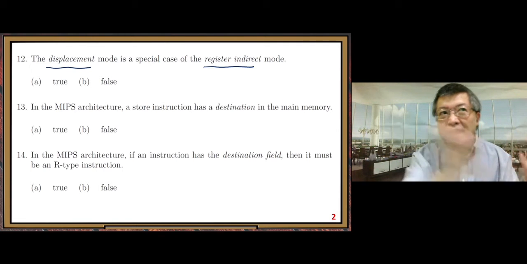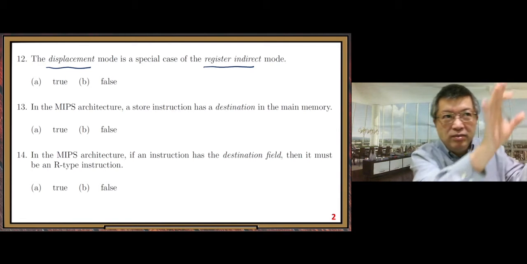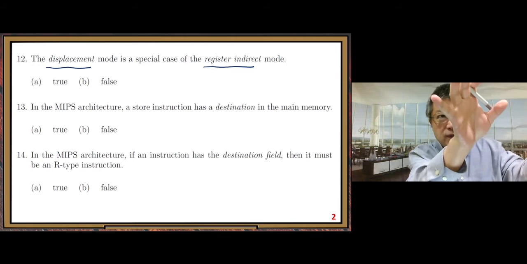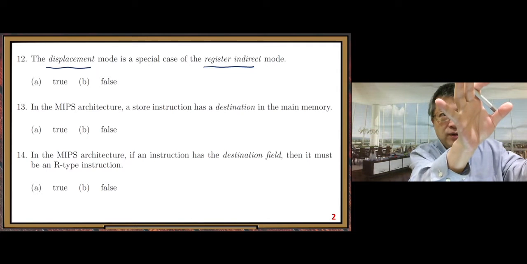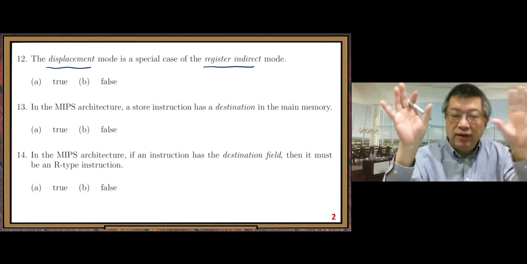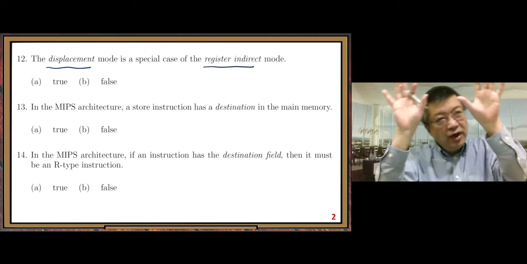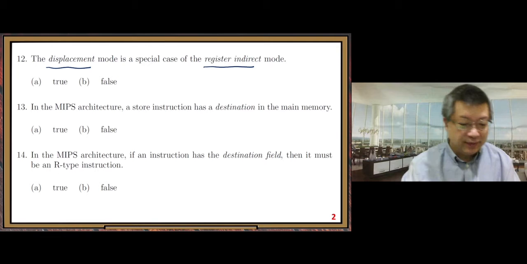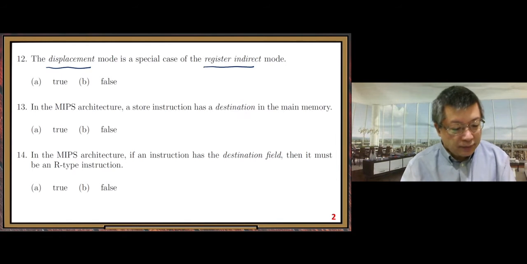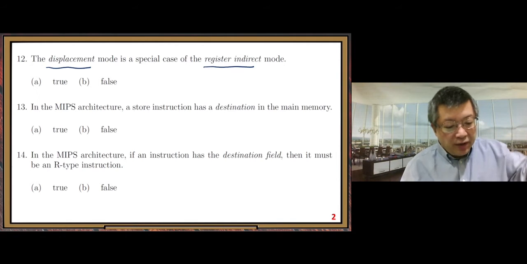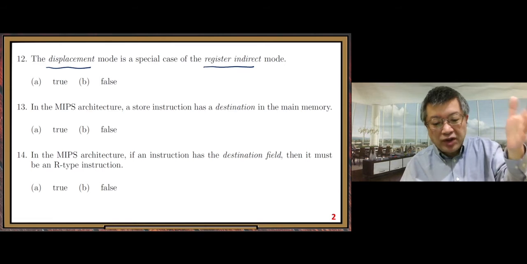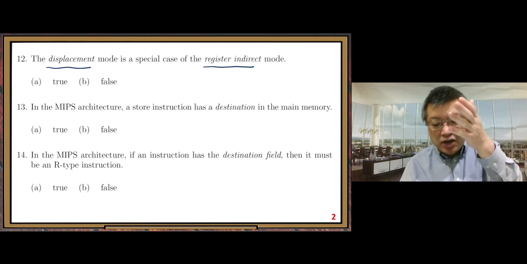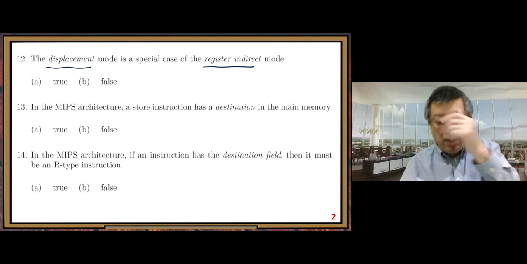You need to get a displacement mode example first, then a register indirect example second, and you compare, right?